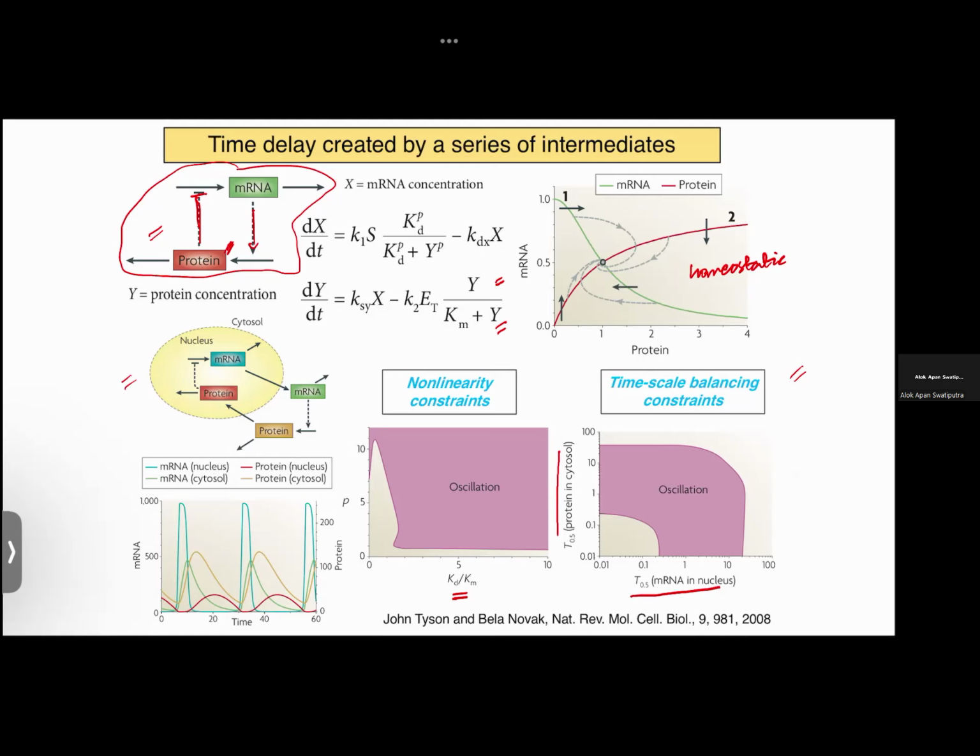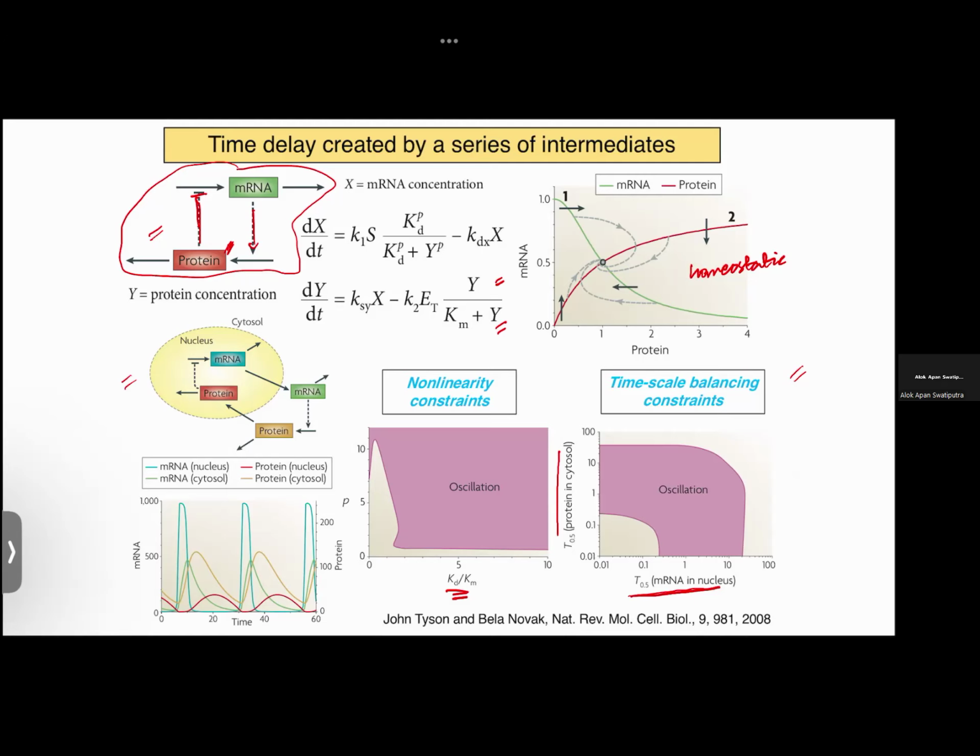Because these are also parameters. Instead of the rate constant or these dimensionless constants, if you just take the half-life, if you assume first order, 0.693 by k, then those are also parameters, right? If rate constant is a parameter, the inverse is also. If you do in terms of this, you will get an oscillating region somewhat like this.